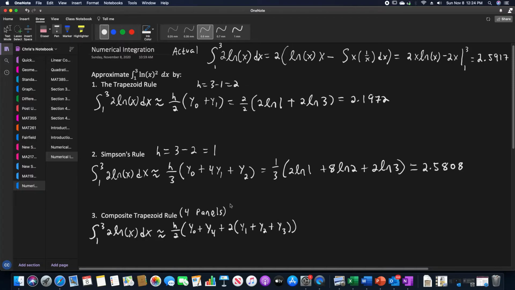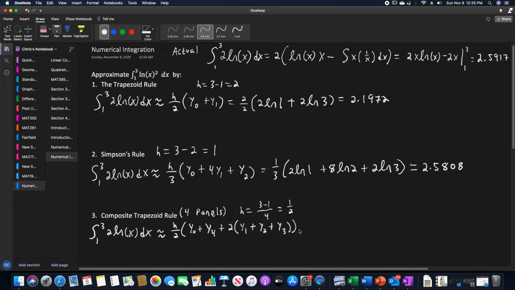We are using a total of 4 panels, so for our step size h, we are going to have 3 minus 1 over 4, which makes 2/4 or 1/2.